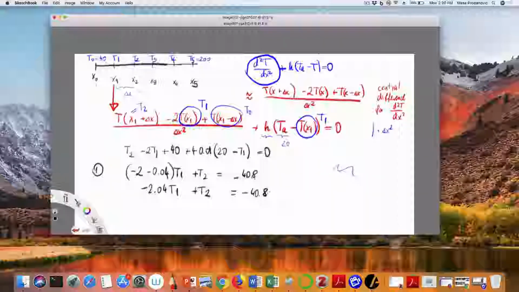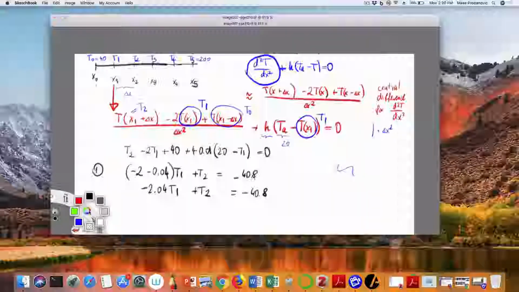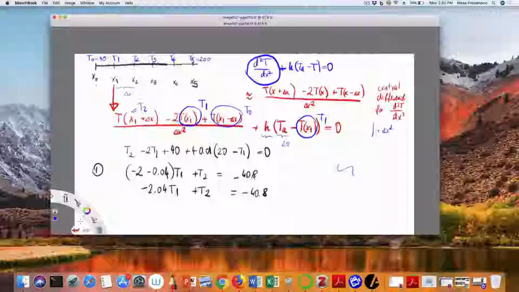Then if I did the similar thing with the second equation, note that I'm just going to write it in short terms and then show the cleanup version.